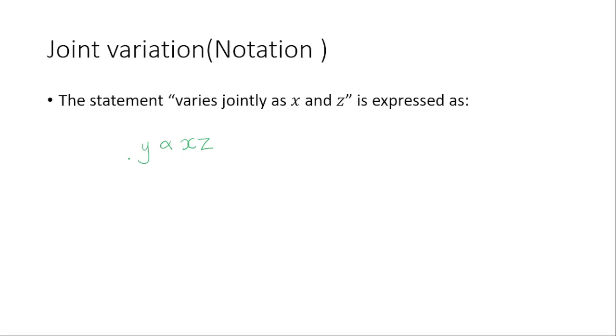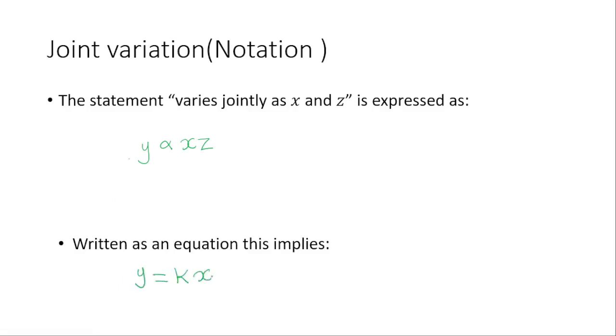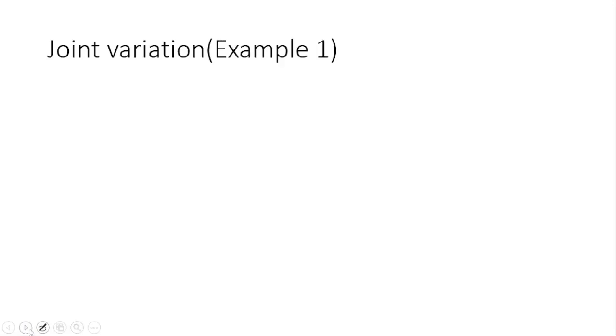So the notation won't always be as I have written. I have written this just to give you an idea of where we're going. The above statement can be written in equation form as y equals k x z. Let's move on and look at some examples.